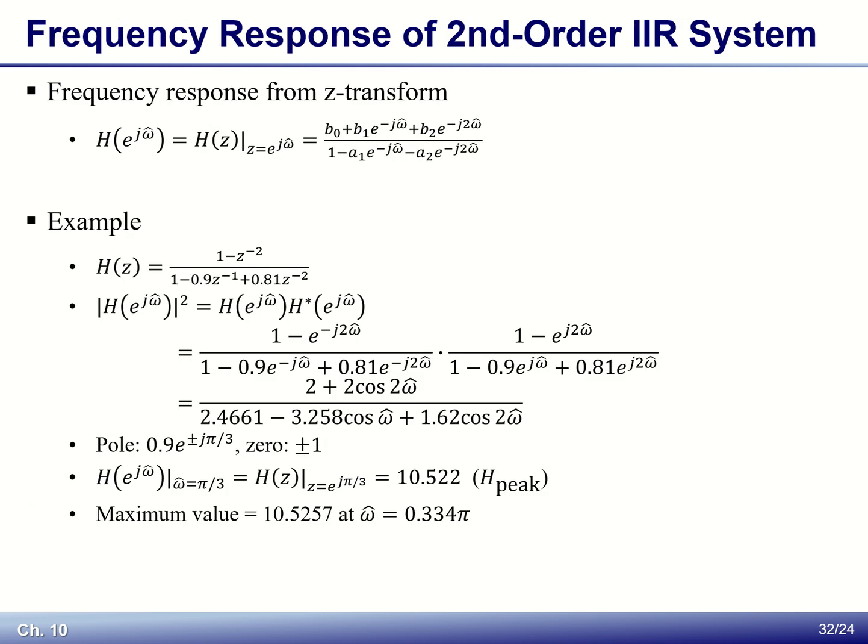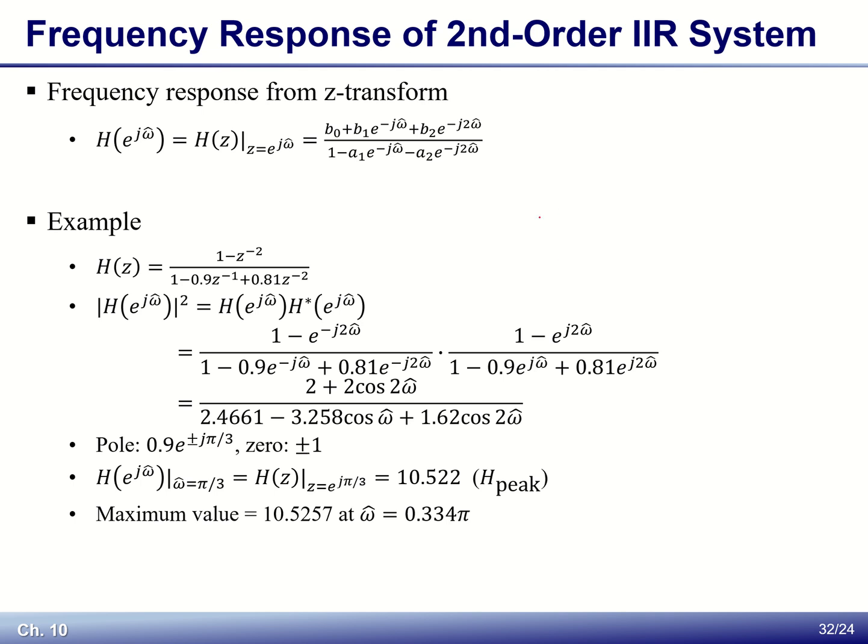The frequency response can be obtained from the system function by plugging in e^(j omega hat) for z. Similarly, we can get the magnitude squared here. The poles will be 0.9 exponential plus minus j pi over 3, and zeros will be plus minus 1.